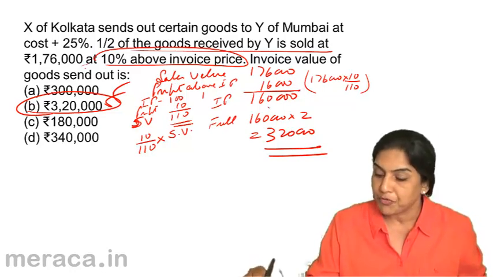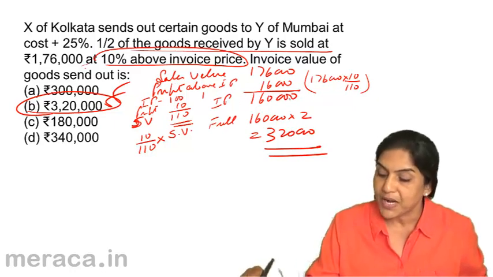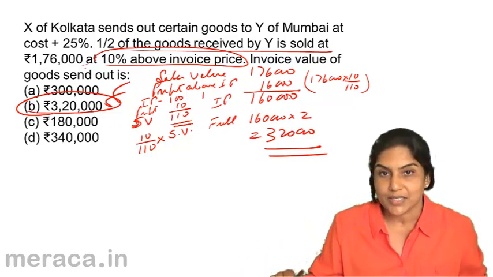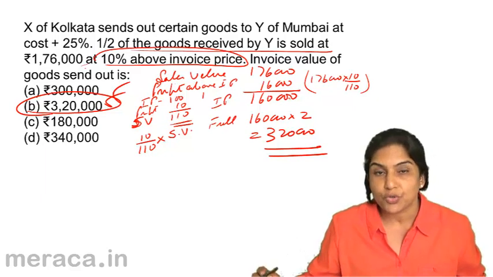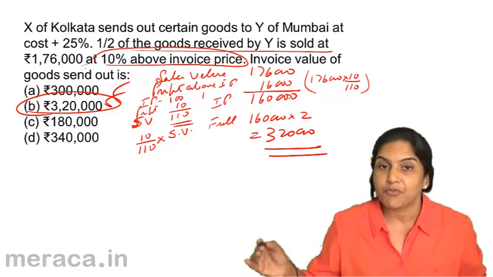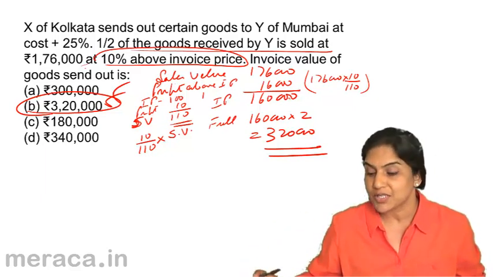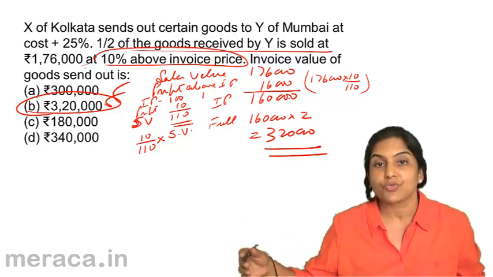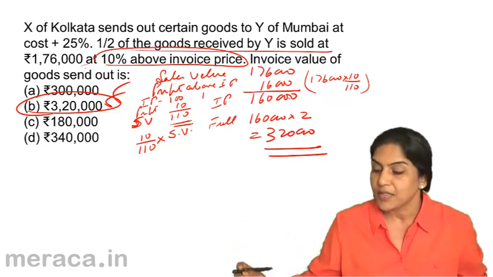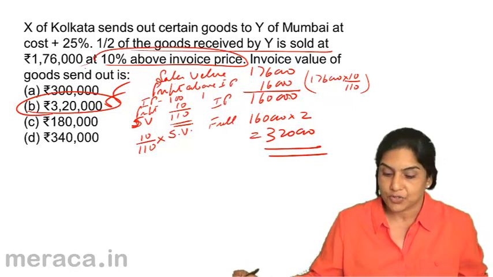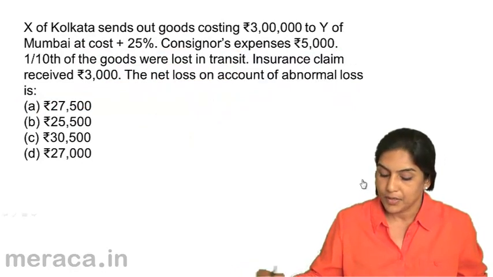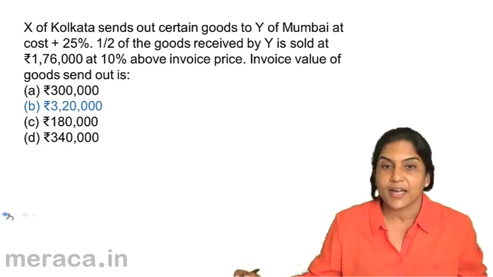If we remove the profit element, the invoice price of the goods sold is 1,60,000. Half the goods were sold. Therefore, what was the total goods sent? 1,60,000 into 2, double of 1,60,000. Therefore, that's 3,20,000. The correct answer would be 3,20,000.